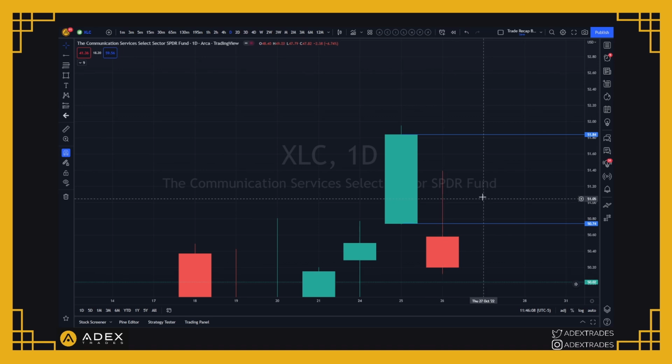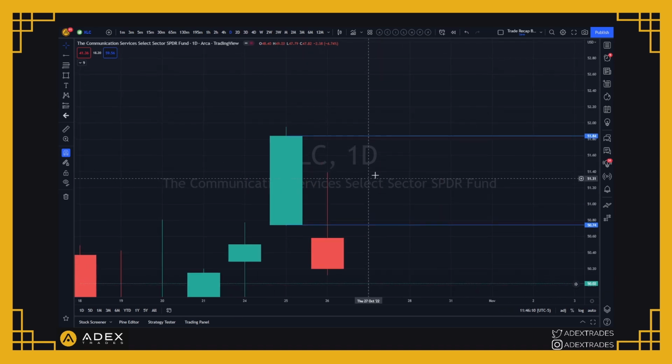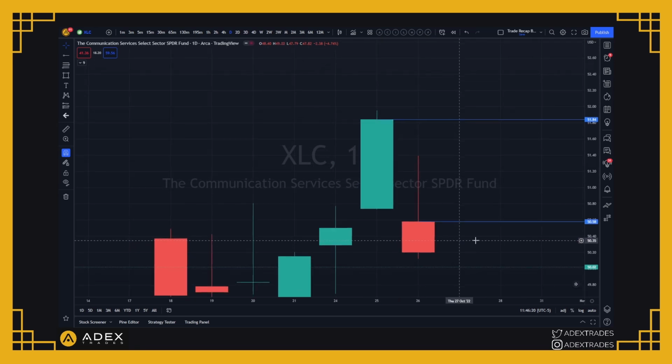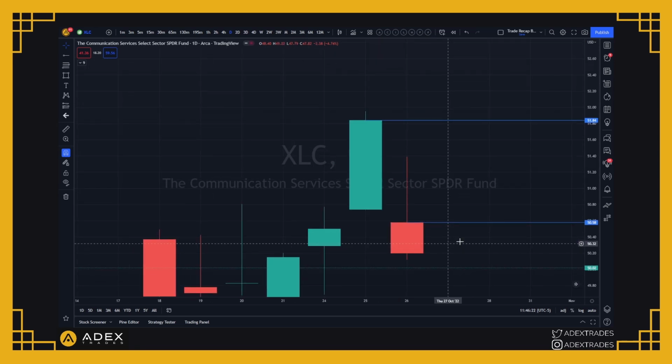So a green bar. The next day, you gap down in price. From $51.84, you gap down to the open at $50.58. So there is a gap in price from the close to the open.